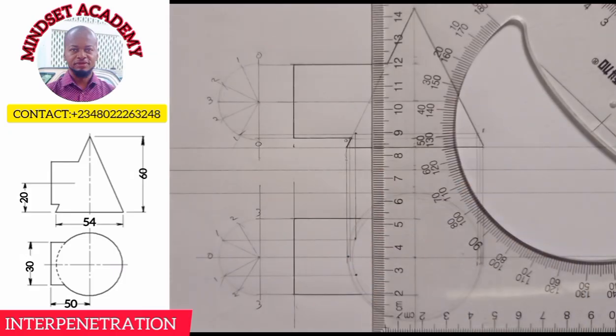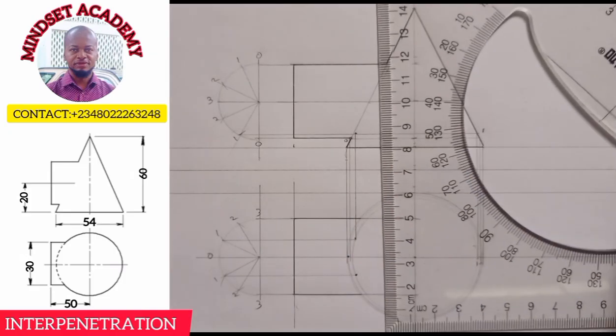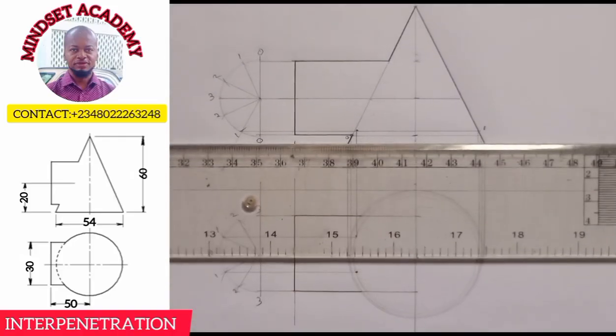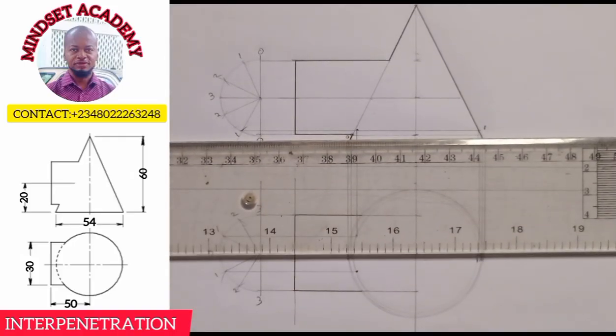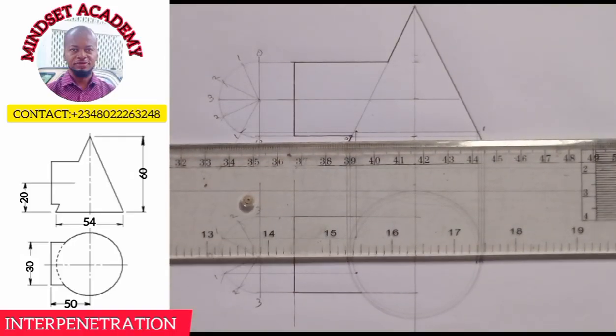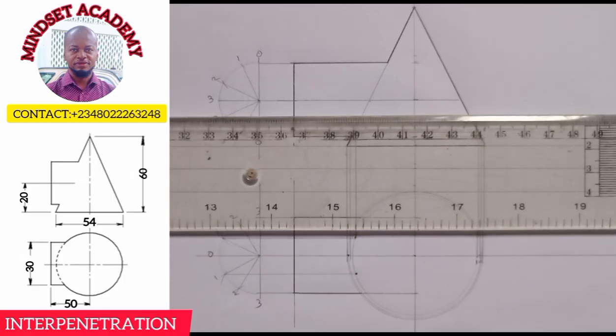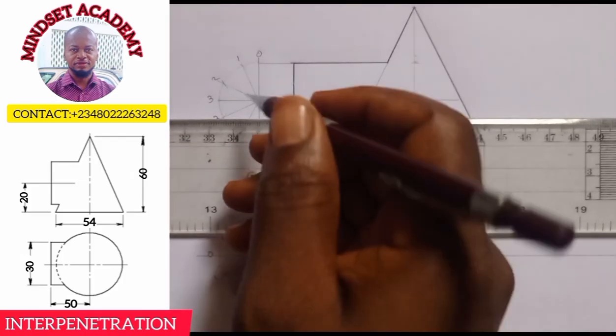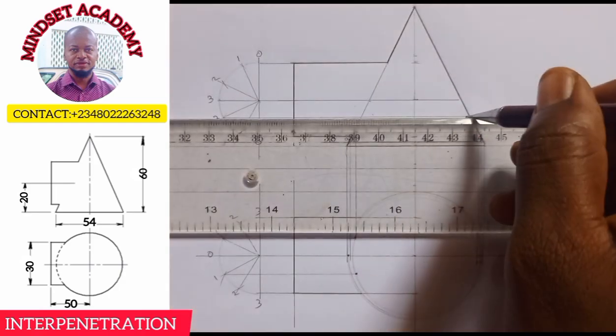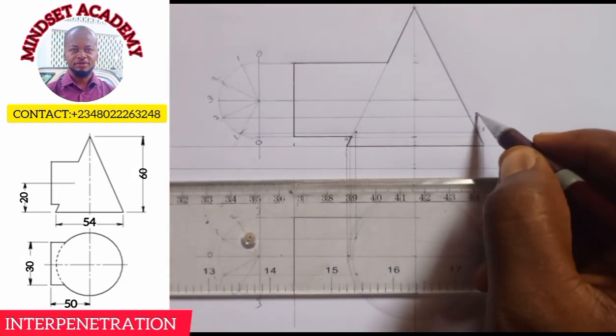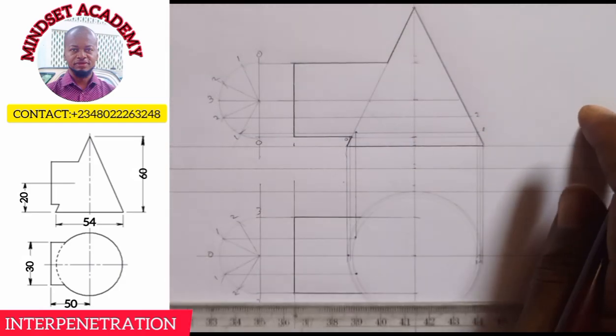Are we there? Now I'll go to the next one, which is point 2. Once I project 2 from here to here, this is my point 2, and I'm going to bring it down.